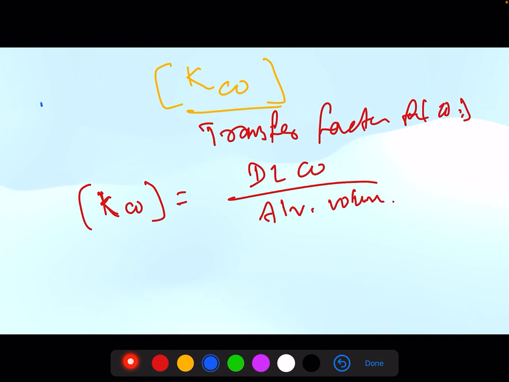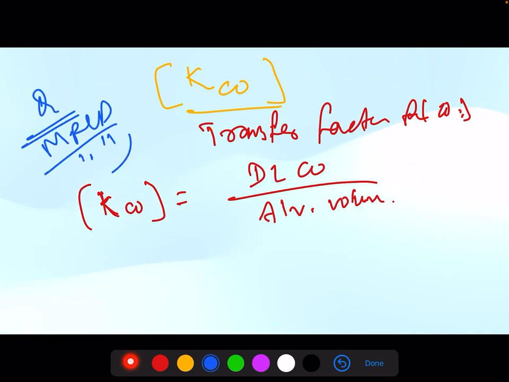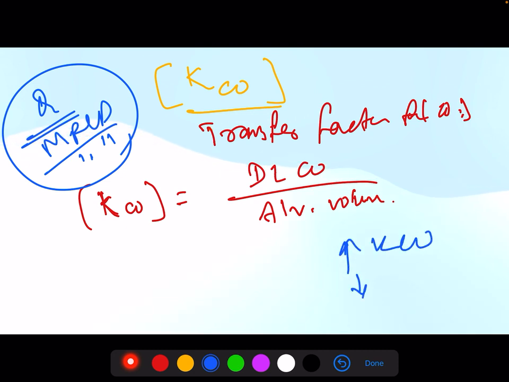Important topic for AMRCP, both part 1 and part 2. Okay, they do ask questions in such a manner like among the available conditions, in which condition there is an increase in KCO and decrease or normal TLCO. They ask questions in such a manner, right?